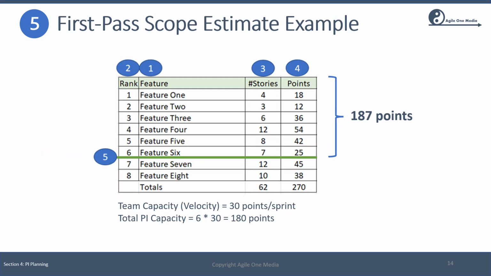Once the team has worked through and refined their plan with the product owner and potentially also the product manager, they can summarize their proposed plan, an example of which is shown in the chart. That is, in this example, they have a total capacity of around 180 points for the PI and hence can only commit to features 1 through 6.